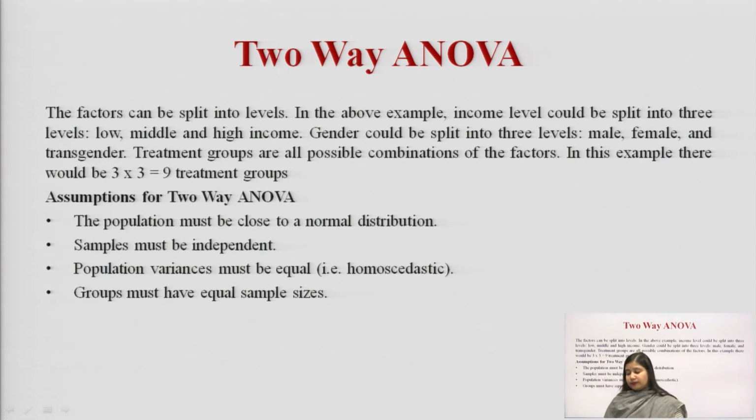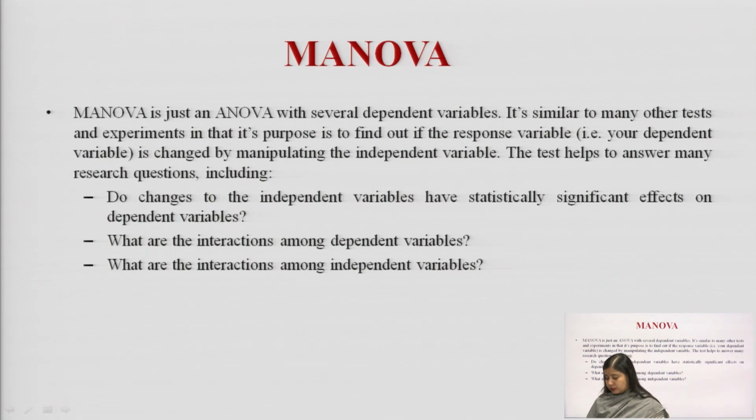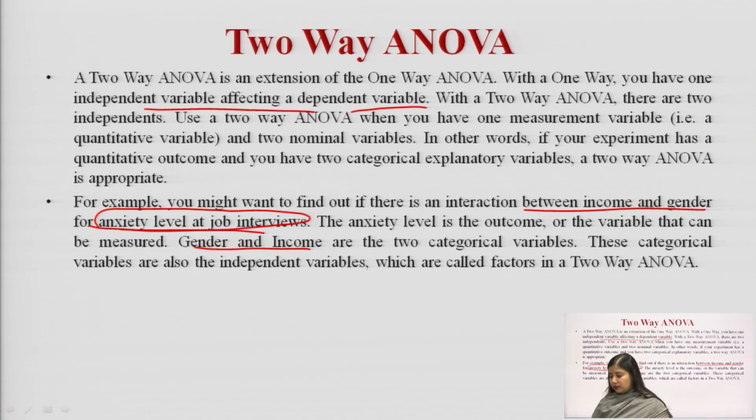In the two-way ANOVA, the factor can be split into levels. The factor, which we have seen, is our independent variable, which is called a factor.